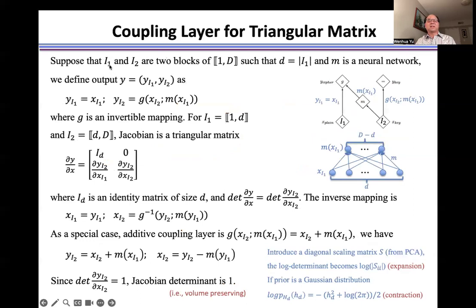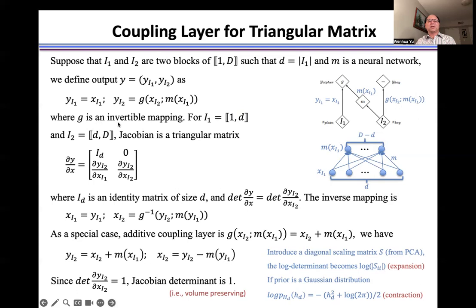Suppose that I1 and I2 are two blocks of a D-dimensional vector, such that d is the size of the first block and m is a neural network. We define output y in this formulation. Namely, y_I1 is equal to x_I1, and y_I2 is calculated from a function g, whose input is x_I2 and m(x_I1).